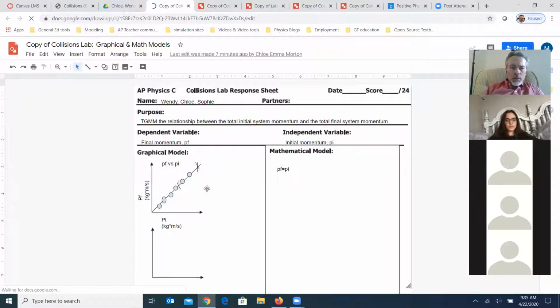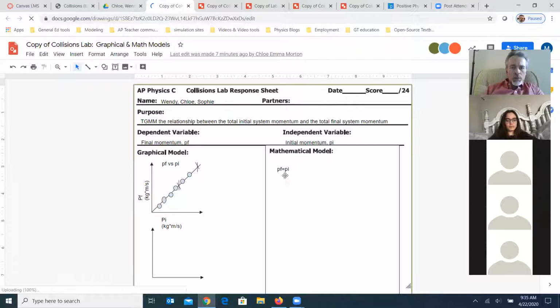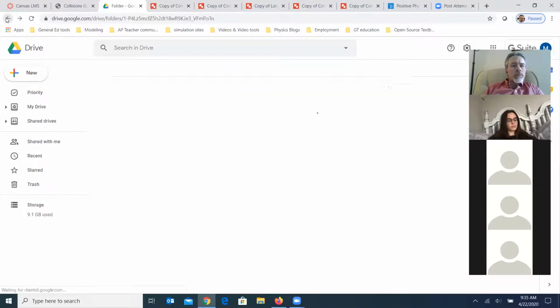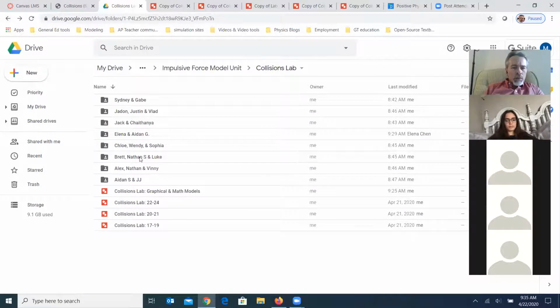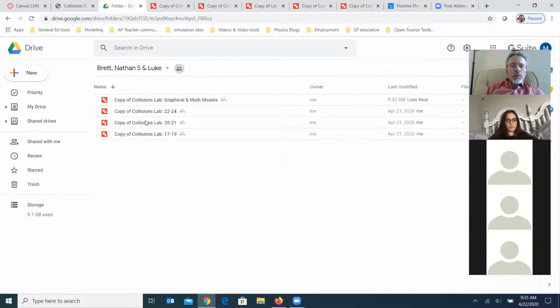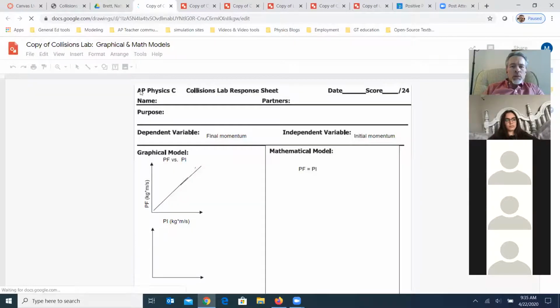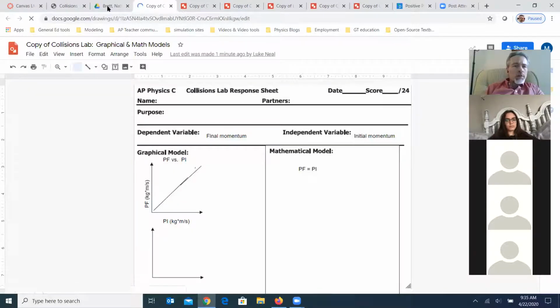And let's see, Wendy, Chloe, and Sophie. Looks like a direct model as well. And Brett, Nathan, and Luke's. Looks like a direct model as well.